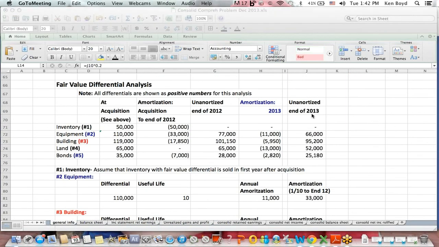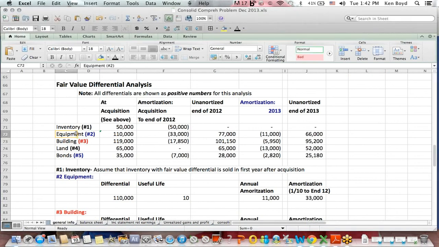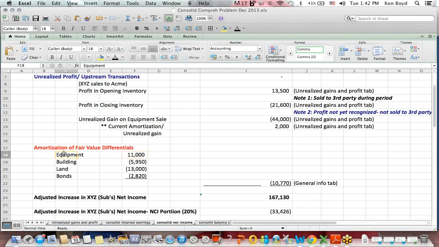And right here. There's my equipment amortization 2013, 11,000. Consolidated net income, equipment, 11,000.